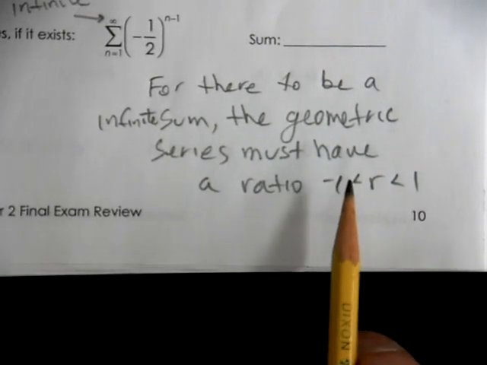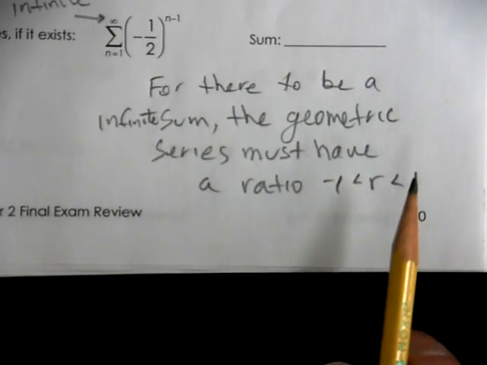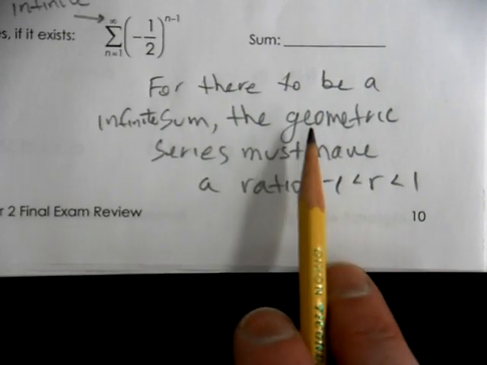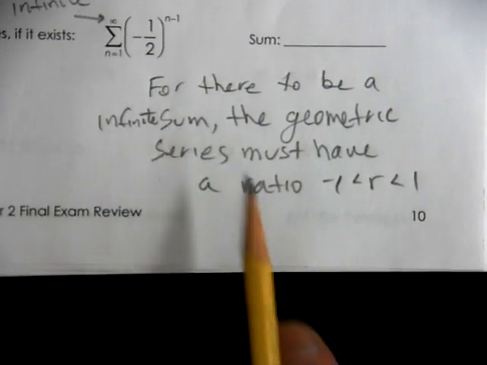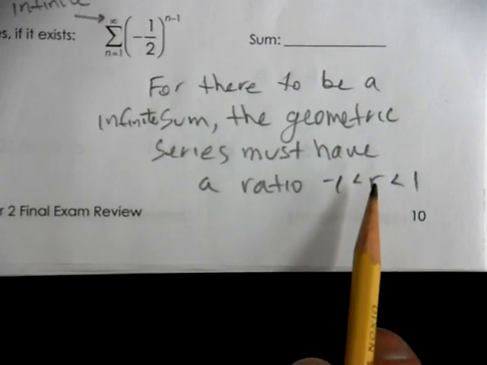The R value has to be between -1 and +1. For the geometric series to have an infinite sum, the ratio has to be between -1 and 1.